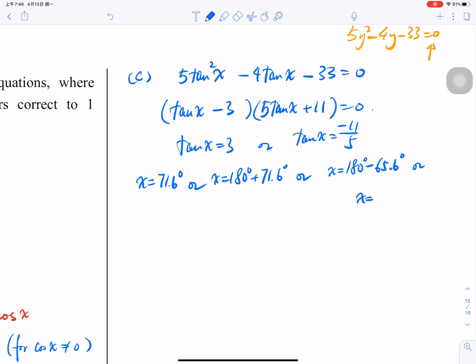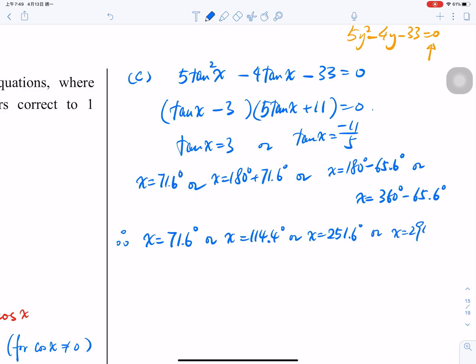Then quadrant 2 and quadrant 4. So 180 minus or 360 minus reference angle 65.6 degrees. So at the end, x equals 71.6 degrees or 114.4 degrees or 251.6 degrees or 294.4 degrees. Okay?